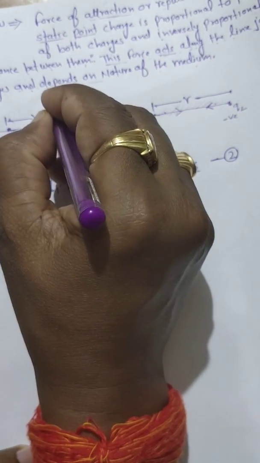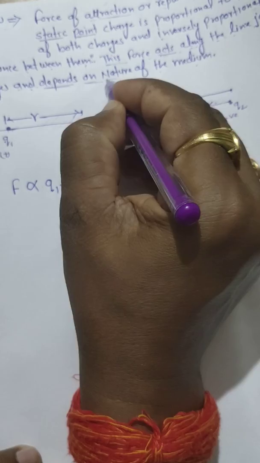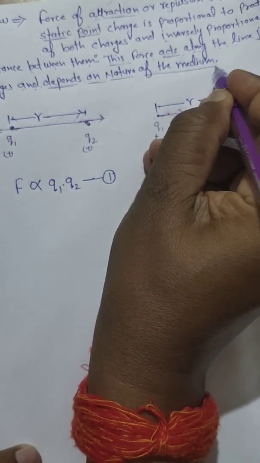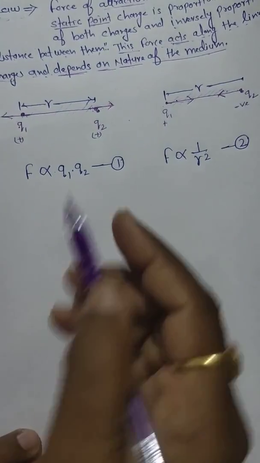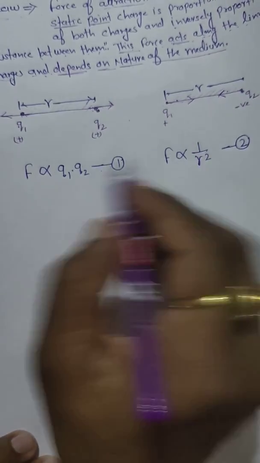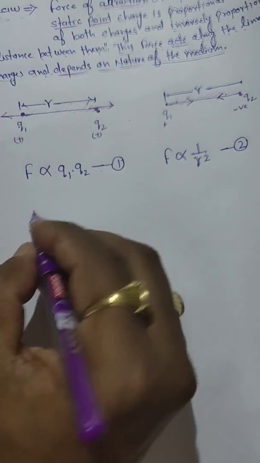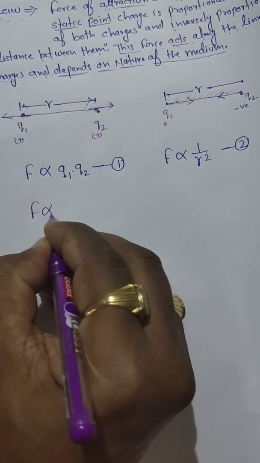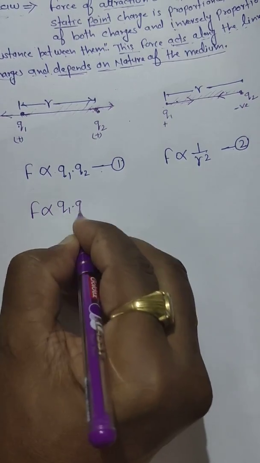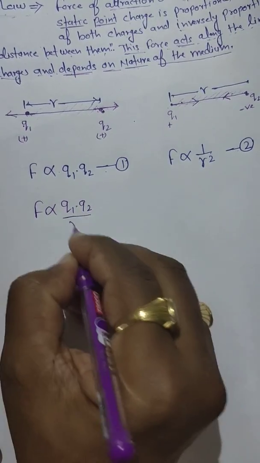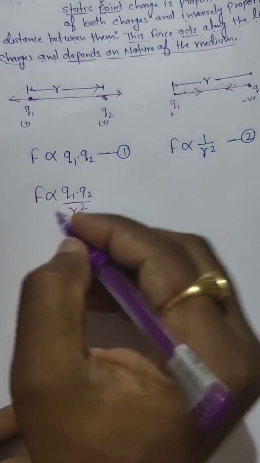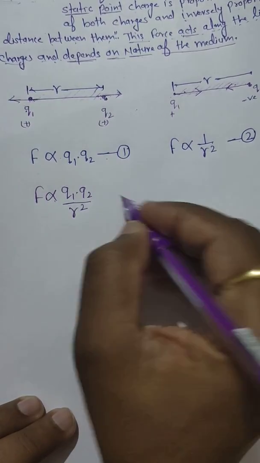That means the force depends on the nature of the medium. Okay, so we can combine equation 1 and equation 2. We can write F is proportional to Q1 Q2 upon R square. So we can remove the proportionality sign.